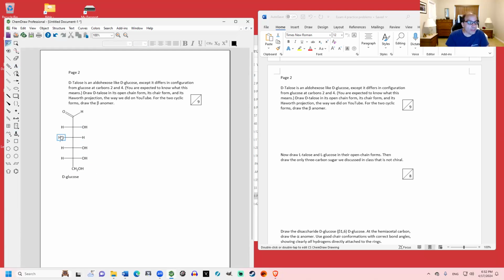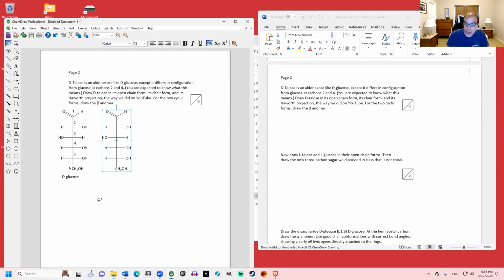Notice again how it draws the OH group on the left as HO. ChemDraw does that automatically. And so this is carbon 1, 2, 3, 4, 5, 6. And the question says it differs in configuration from glucose at carbons 2 and 4.